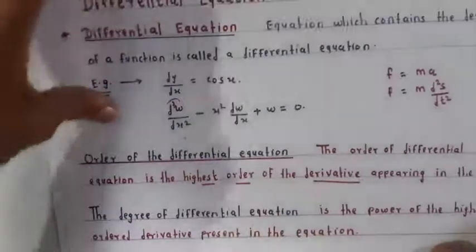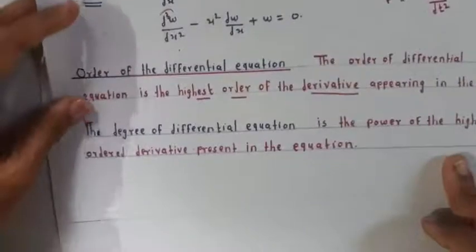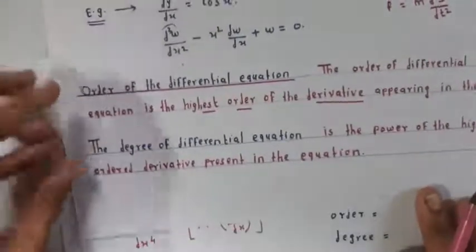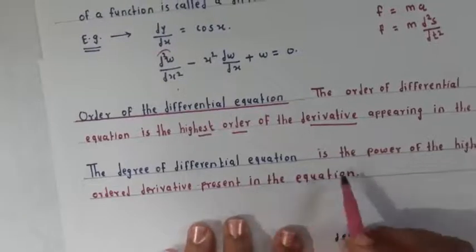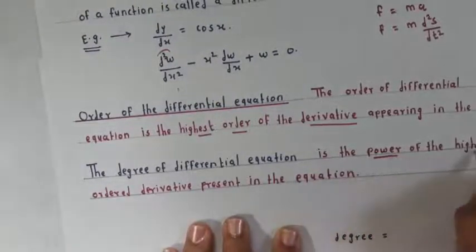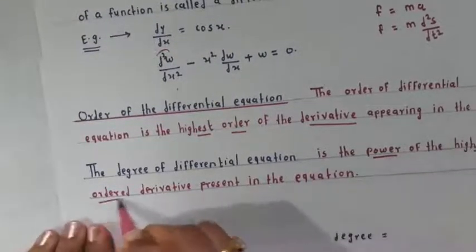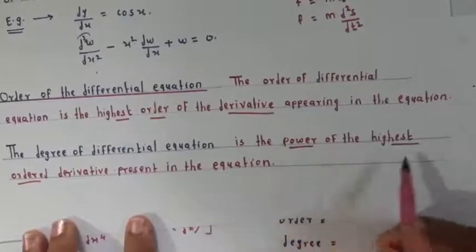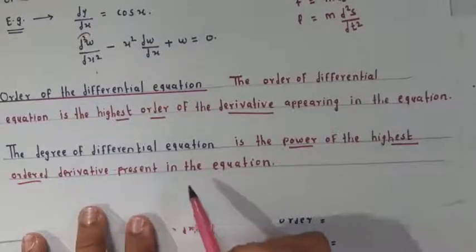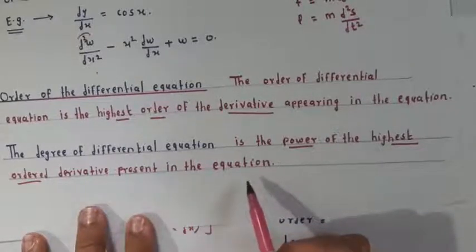Now we must know what the degree of a differential equation is. The degree of a differential equation is the power of the highest order derivative present in the equation.